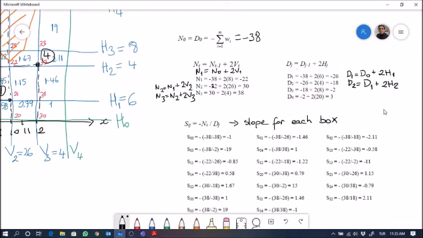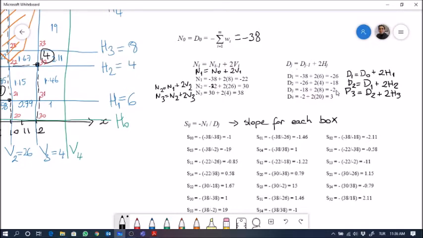And D3 will be D2 plus 2 times H3. Remember the value of H3 was 8, so D2 was minus 18. So let me correct this, yes. So minus 18 plus 2 times 8 is the value for H3.